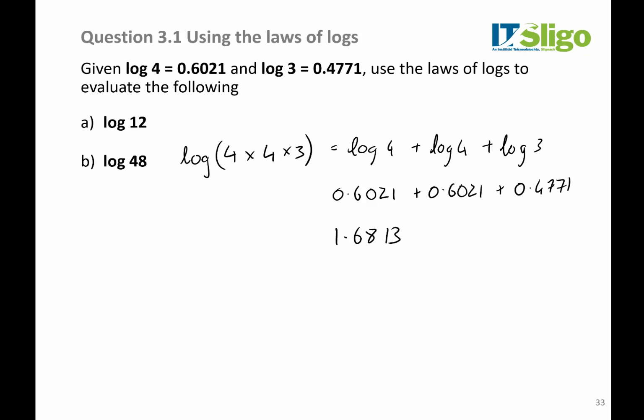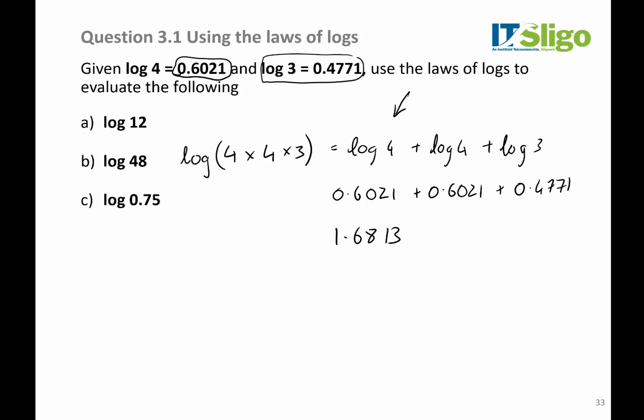So don't use your calculators for these, guys. There's slight rounding errors because we've already rounded these logs. So in the journal, guys, I need to see it written out like this, not just you keep writing out the answer. I need for you to demonstrate you understand what's required.